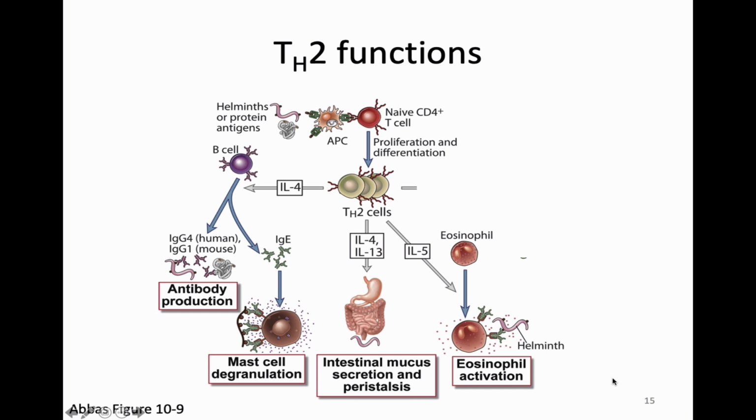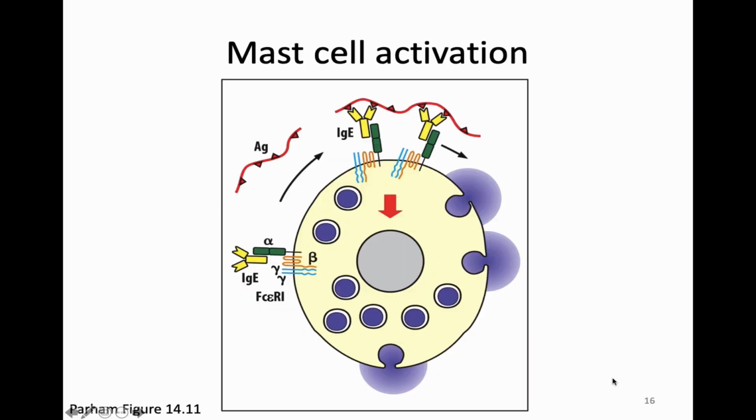I'm not going to spend a ton of time on this, because as our knowledge of different T cell subsets has increased, we've realized that that's not as much of a special Th2 thing. However, Th2 cells can lead to some specific class switching to things like IgE and potentially lead to mast cell degranulation. We can also see things like mucus secretion, peristalsis, and eosinophil activation as the result of some of the cytokines that we see coming from Th2 cells.